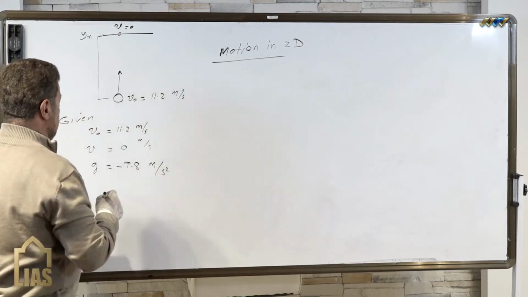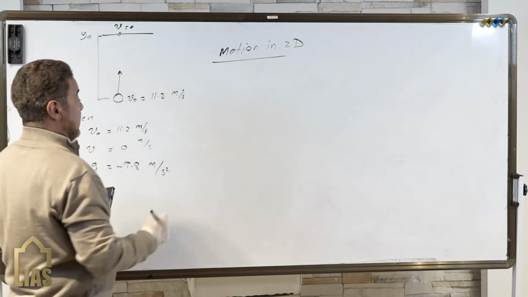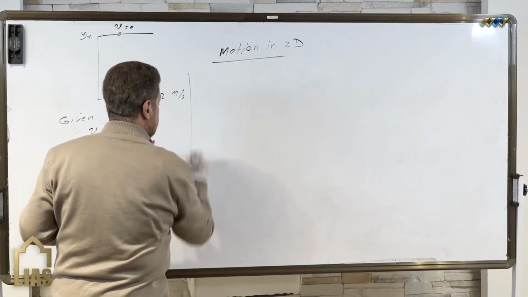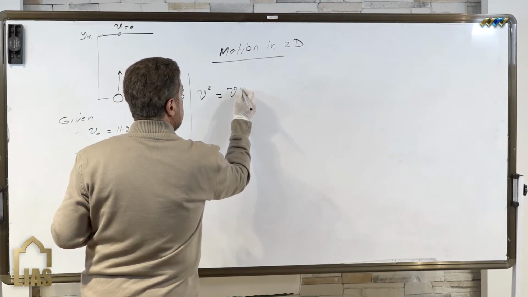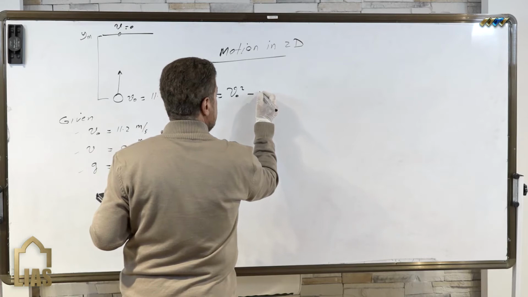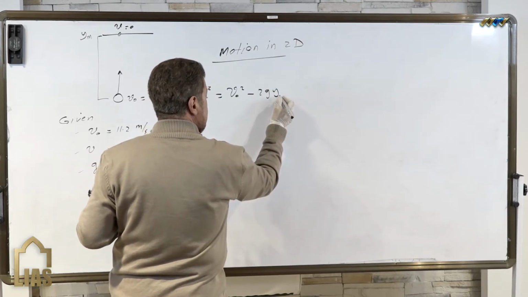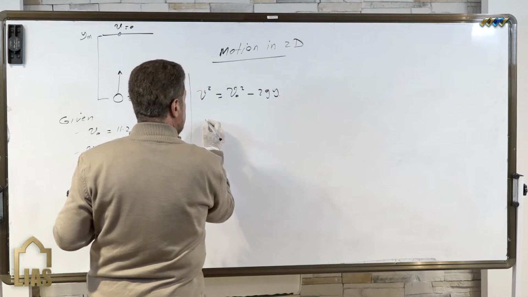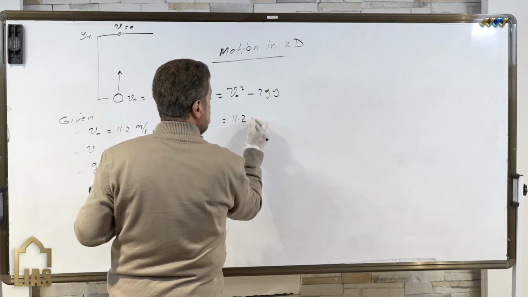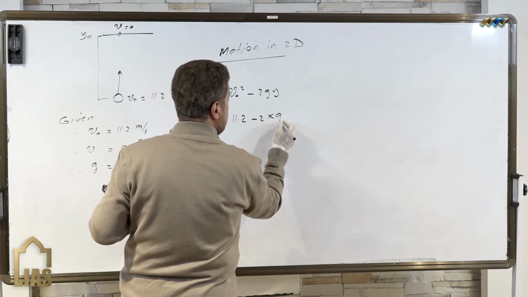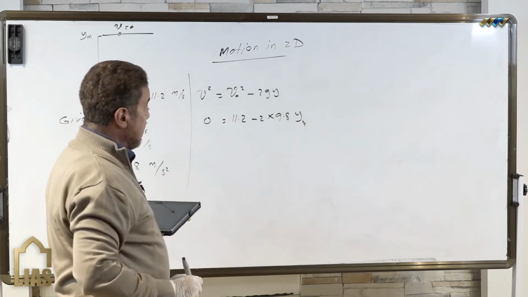In this case, we have V0, V, and G. Then we'll use the law V squared is equal to V0 squared minus 2GY. Here, at Y maximum, V is equal to 0. This is 11.2 minus 2 times 9.8 and Y maximum.